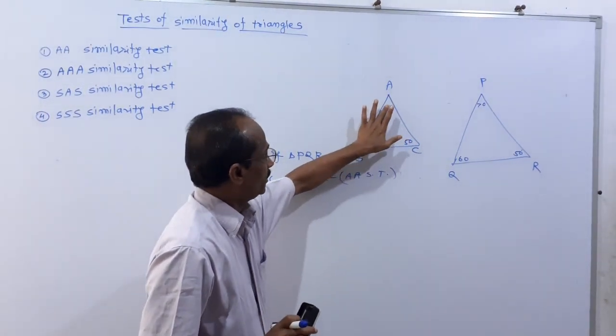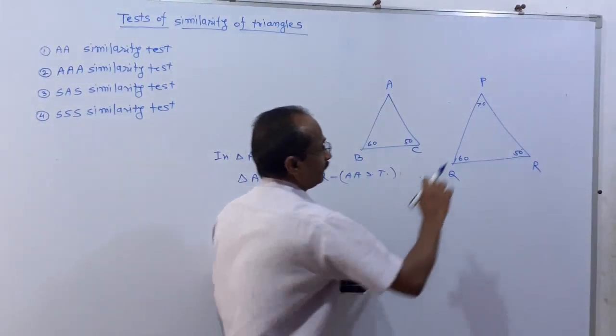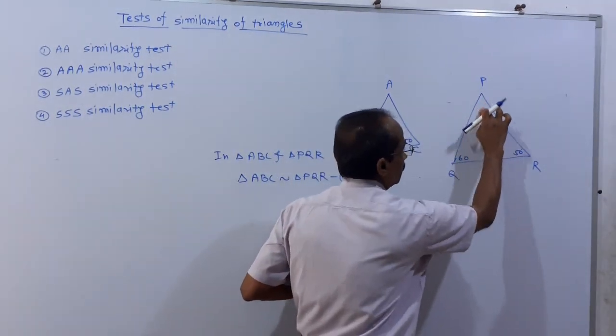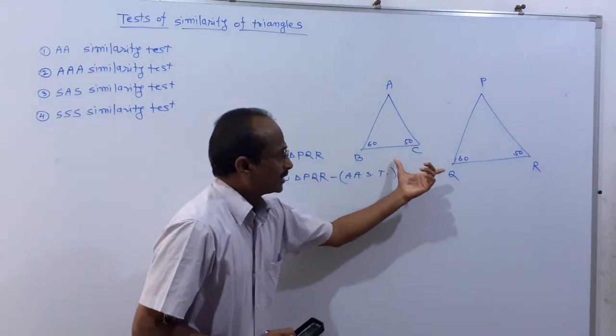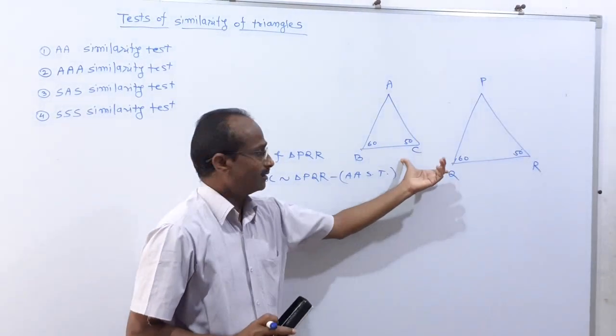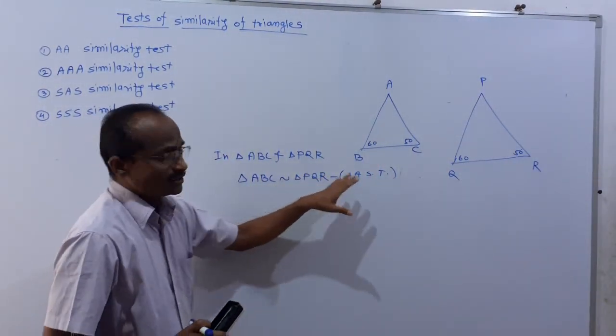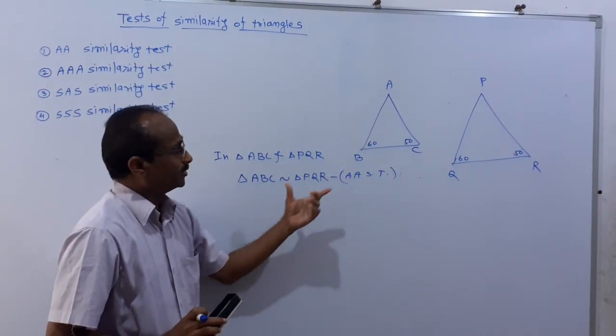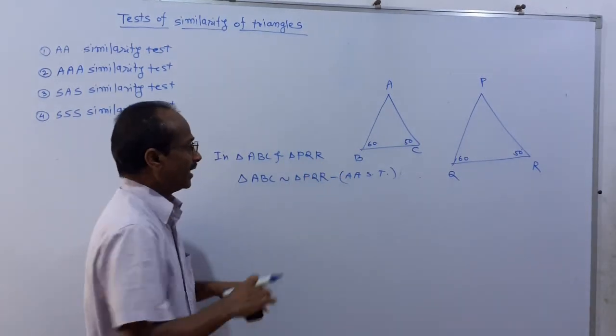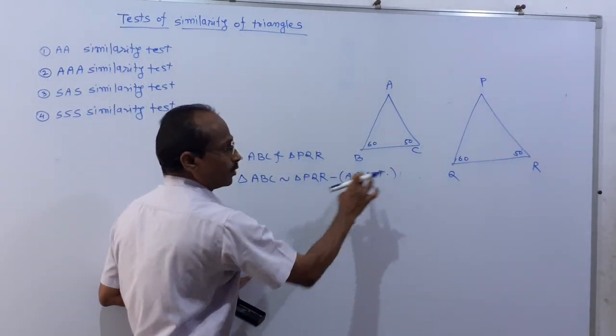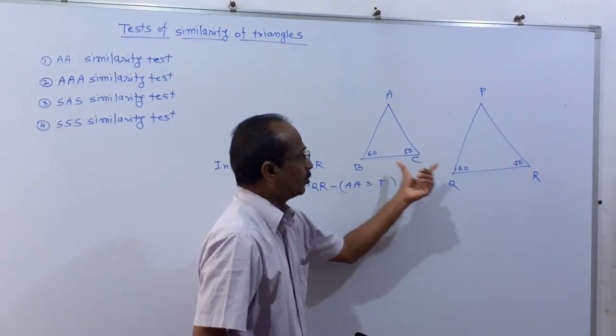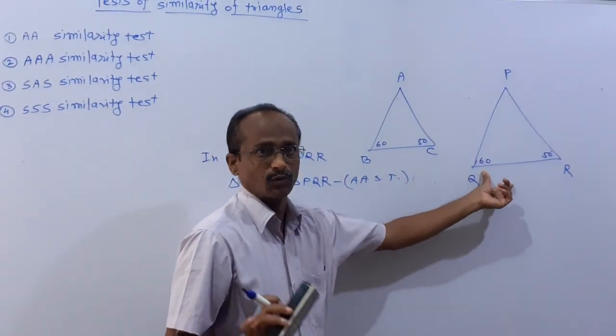So if we are given only two pairs of corresponding angles of the triangles, it is sufficient to show these two triangles are similar by the AA similarity test, because we use here only two pairs of corresponding angles.